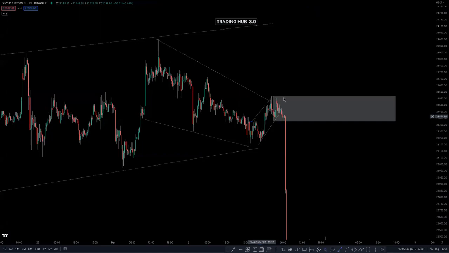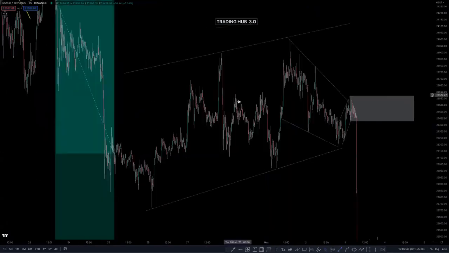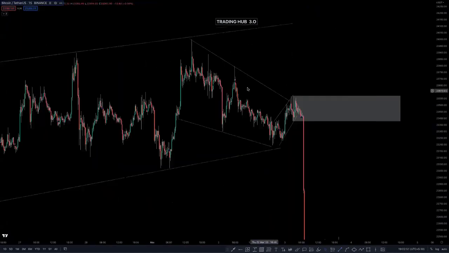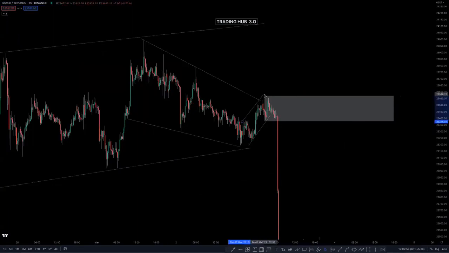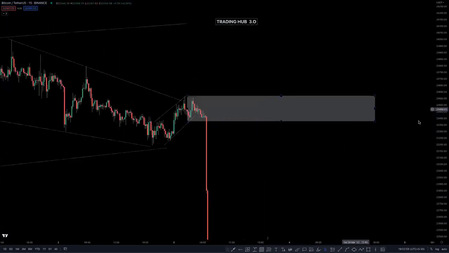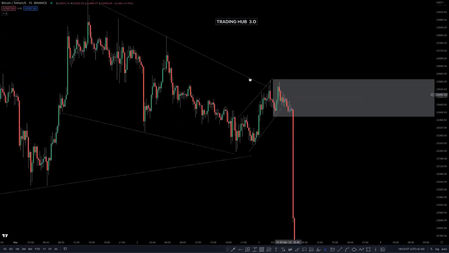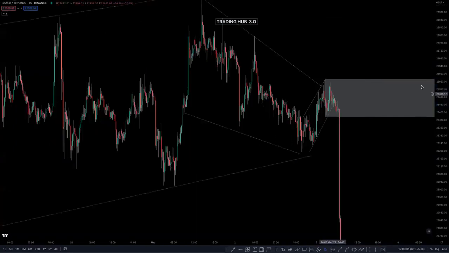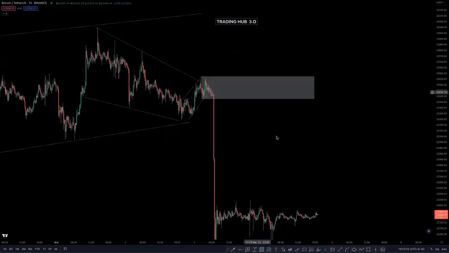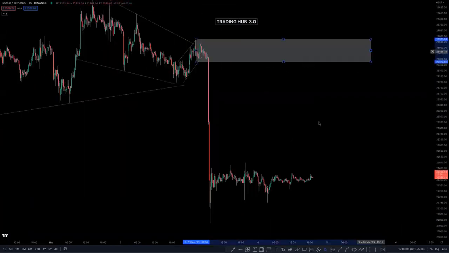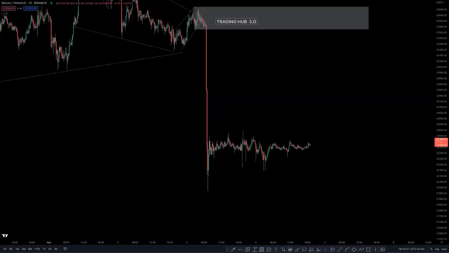Right. This is also a pattern, but in terms of SMC, this one is also an indication of a liquidity grab. But in terms of the structure, this is also an indication that the market is actually looking for the downside, right? It means this is a zone where we can expect the market to push downside, right?